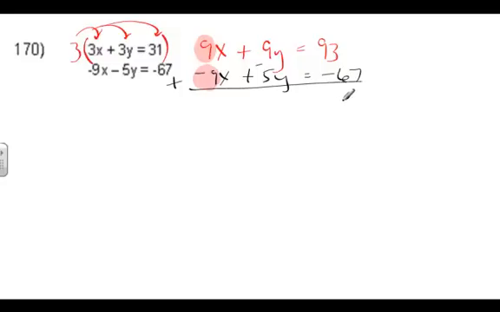Okay, so that's 26. It's, what'd I do? That's not going to come out. All right, so I got 9x plus 9y equals 93. Negative 9x plus negative 5y equals negative 67.